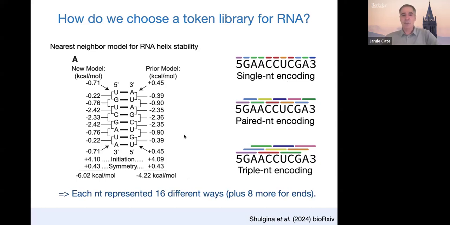So that gives you 16 different ways to encode each nucleotide. And then at the end, you have a few more tokens that you have to deal with when you're at the end of a sequence. So that's how we encoded RNA for our language model, really based on our understanding of RNA biophysics.